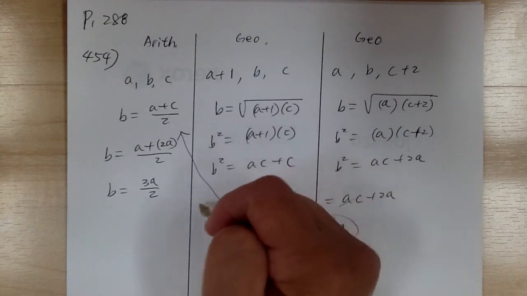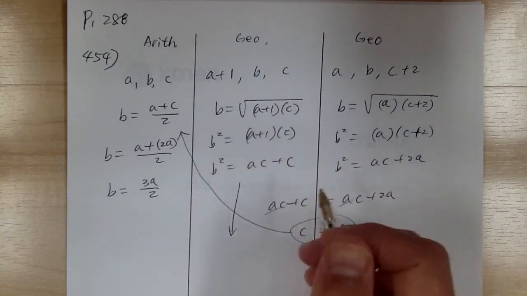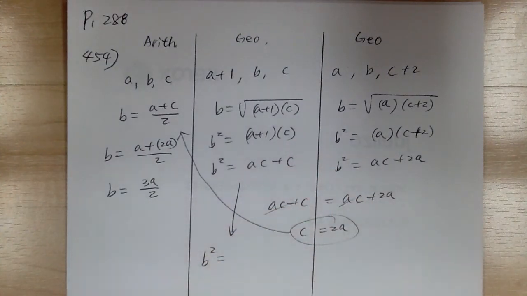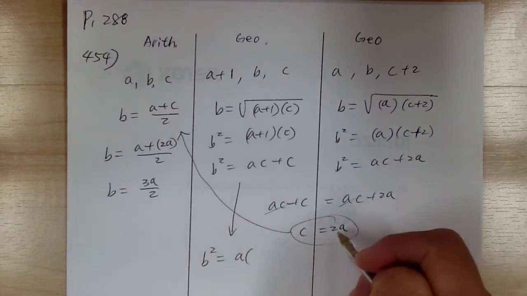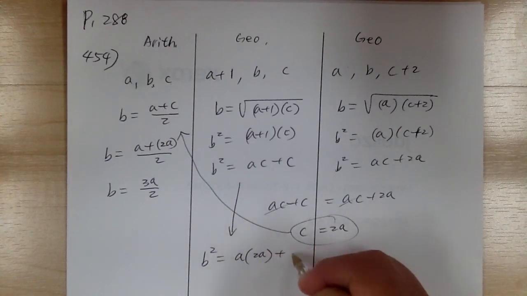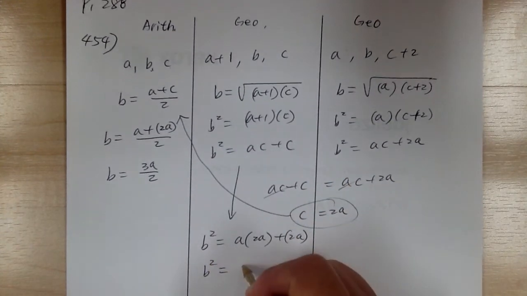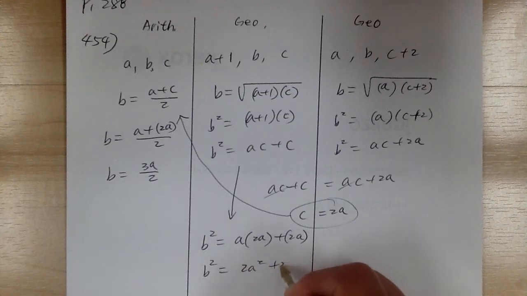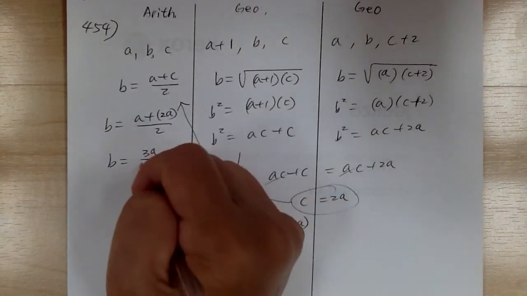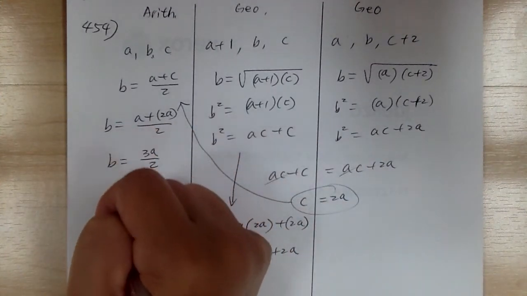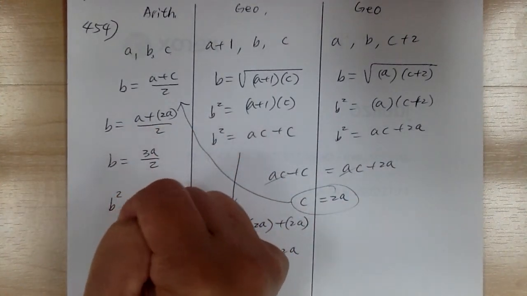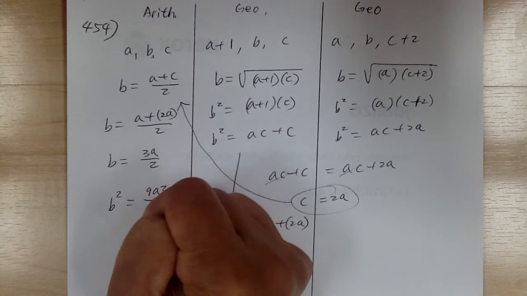From here, I get B squared equals A times (2A plus 2), which is 2A squared plus 2A. And I'm going to square this side, so I got B squared equals 9A squared over 4.